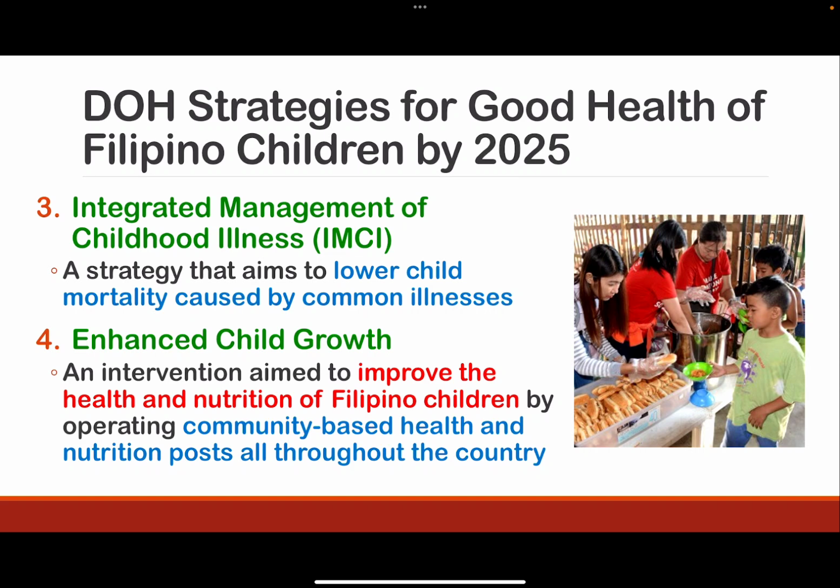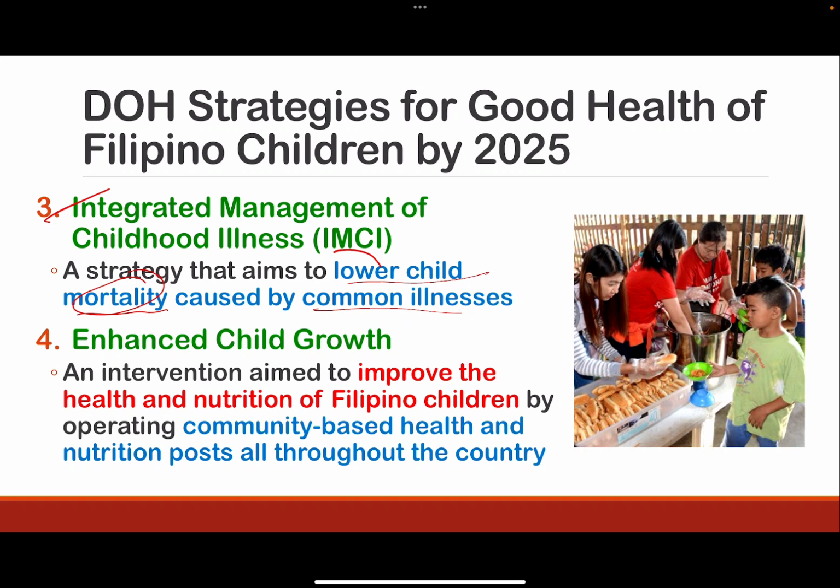Number 3, we have the integrated management of childhood illness, or the IMCI. This is a strategy that aims to lower child mortality caused by common illnesses. If you think about common illnesses, flu, cough, diarrhea, fever, they are simple illnesses. Yet the child can still die. It is hard for your country when you cannot help them. That is why the DOH made a health program.